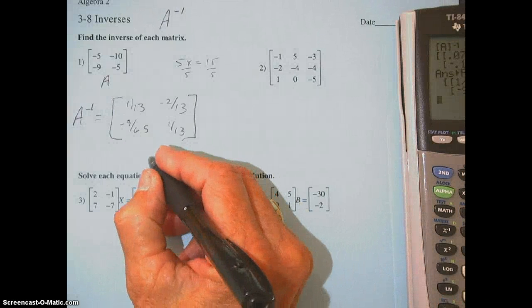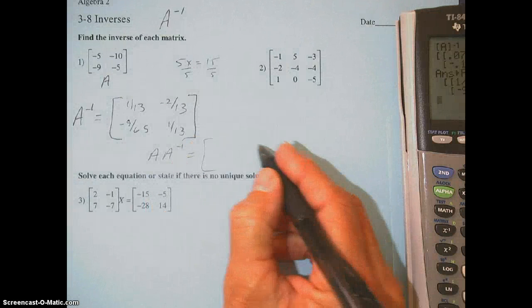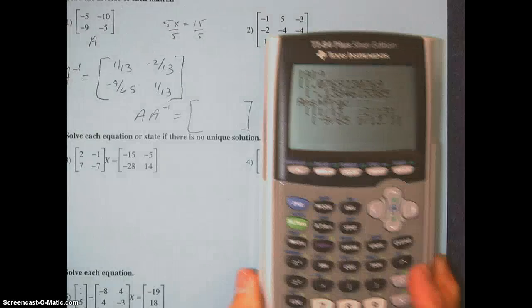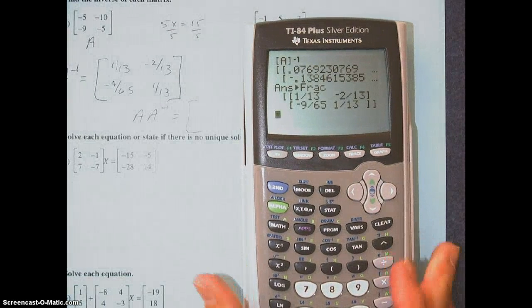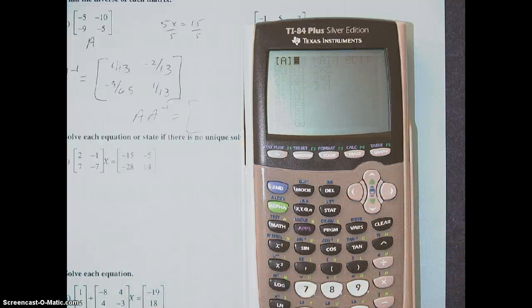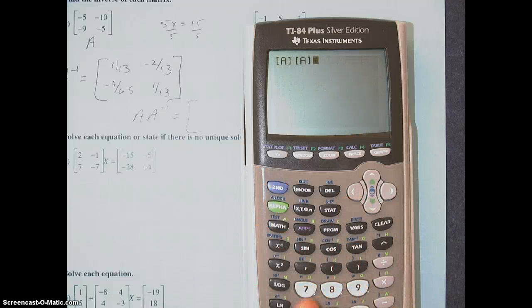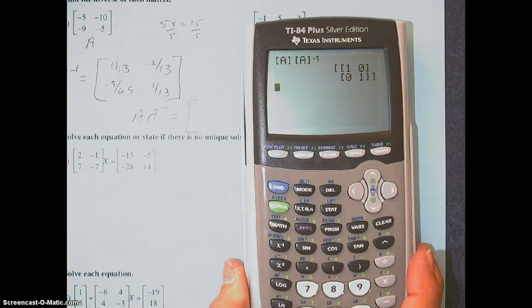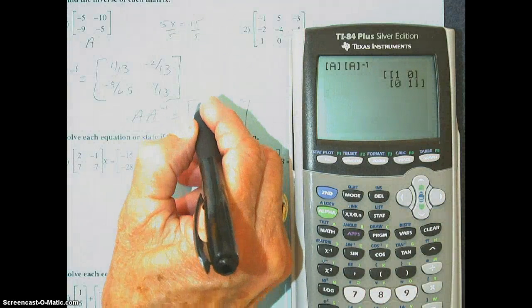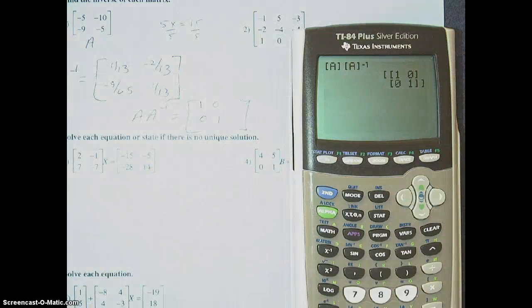So if you will type in A times A inverse on your calculator, this is the undo button for matrices. I'll clear my calculator so you can see. Type in A times A inverse, and you'll see we don't end up with 1, but what we end up with is what we call the identity matrix. That identity matrix has 1s in the main diagonal and 0s everywhere else.